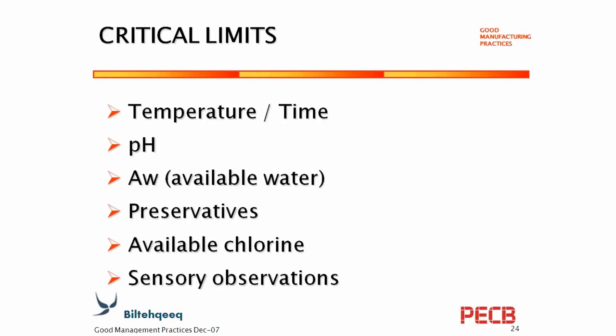This may be pH value, this may be availability of water, this may be preservative, this may be availability of chlorine, or your sensory observations. Sometimes you feel that the noise level is very high, or sometimes you feel the smell is very alarming or disturbing. So in this way you have to define the critical limits.